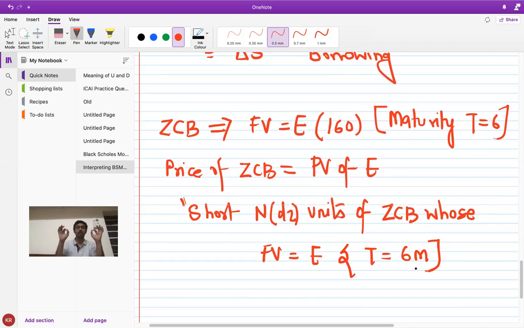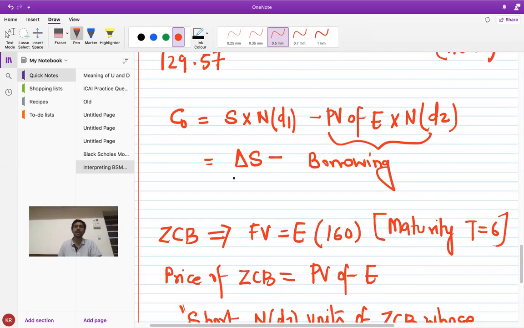So a call option can be understood as leveraged stock buying. We know this, and the equation of Black-Scholes is exactly saying that. It is saying that the cost of a call option is equal to the cost of buying delta shares, which is financed by shorting N(d2) units of a zero coupon bond whose face value is the exercise price, the strike price of 160.